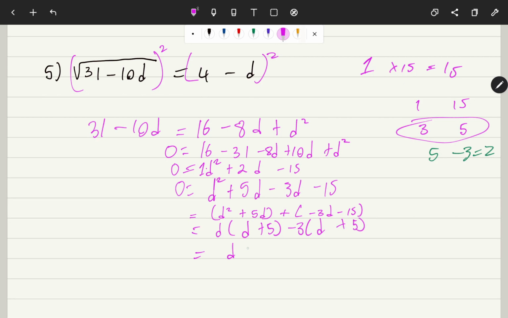Taking out common factors again, and you have d minus 3. Then, of course, remember your zero this side. Then here you'll have d plus 5 equals to 0, or d minus 3 equals to 0. d equals minus 5, d equals 3. And then you're done solving these problems, guys.